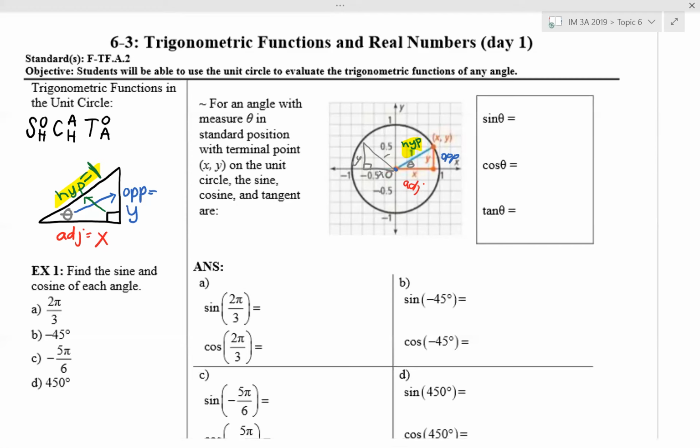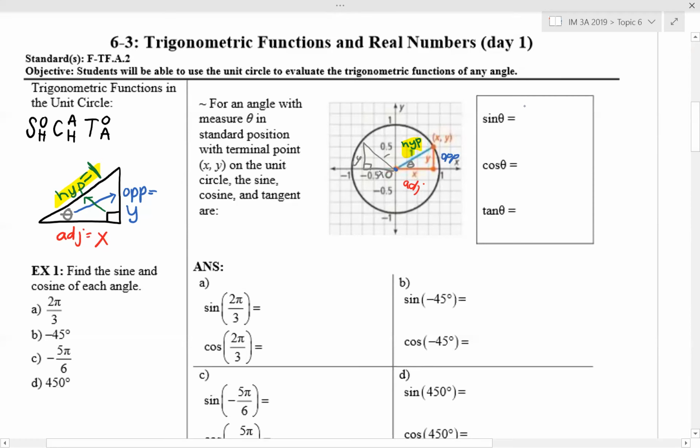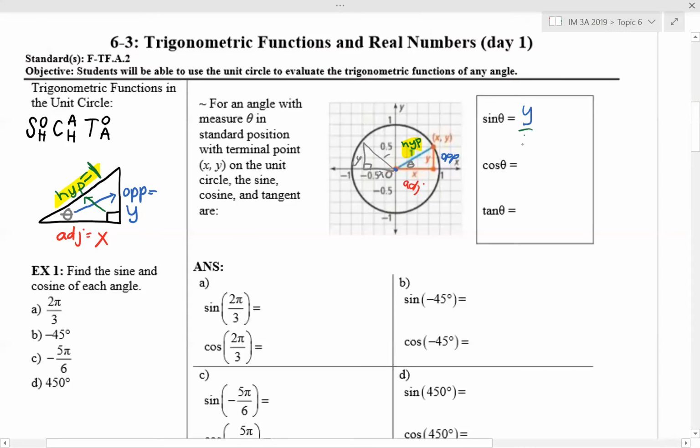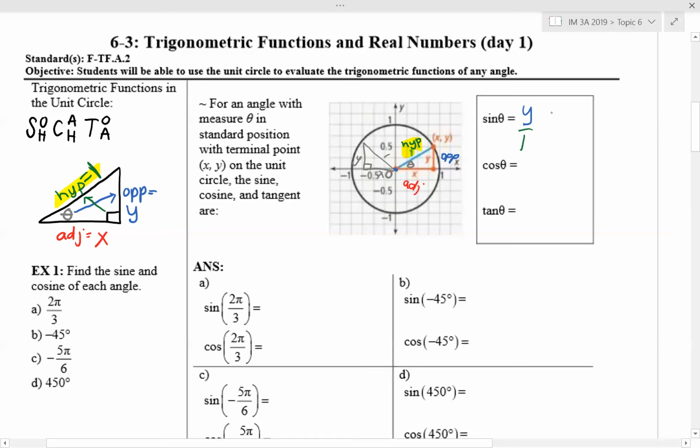So if I think about sine as opposite over hypotenuse, using what we have here, sine of theta is going to be y, which is the opposite side, over 1, which is the hypotenuse. So what that means is that we can think about sine of theta as just y.